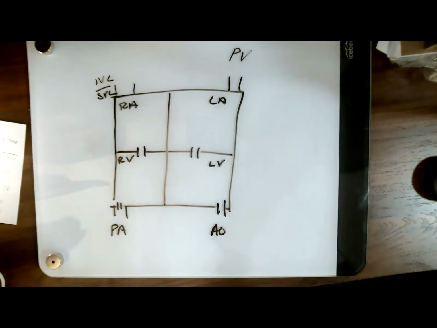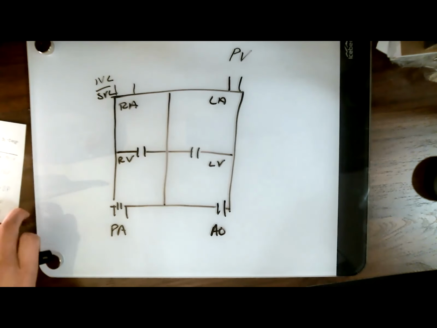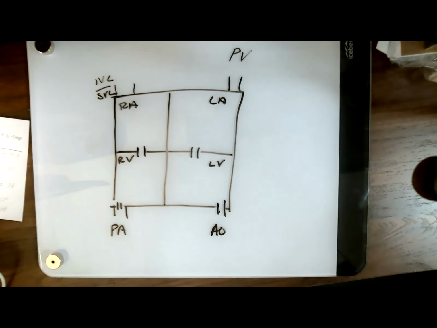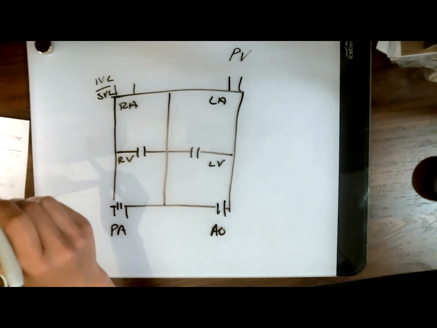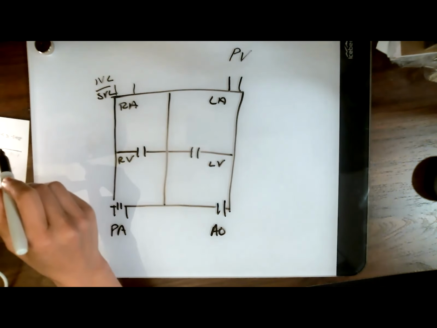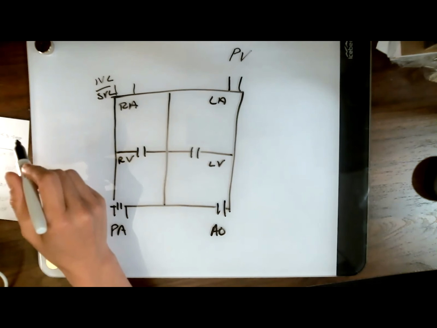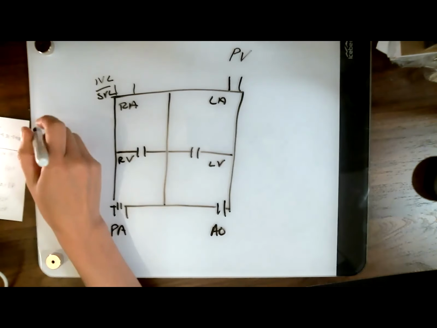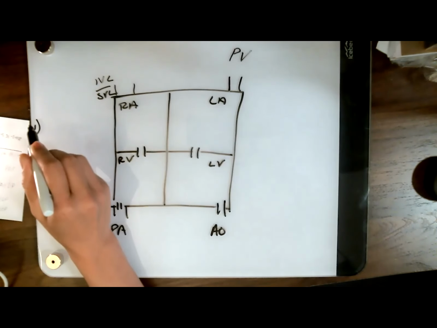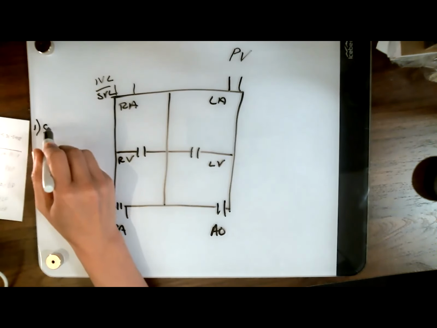So a couple of things before we start, in terms of figuring out these problems, I usually ask myself very simple questions. They may seem very simple, but they're very important to keep in the back of your mind when you're approaching these questions. The number one question is, where are you? When are you? Are you in systole or diastole?